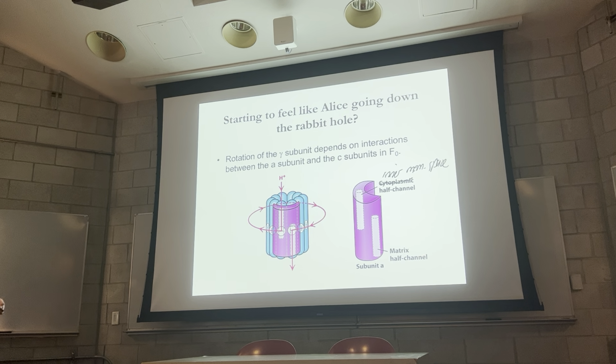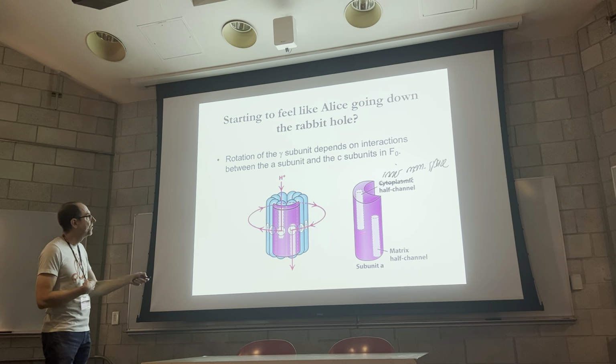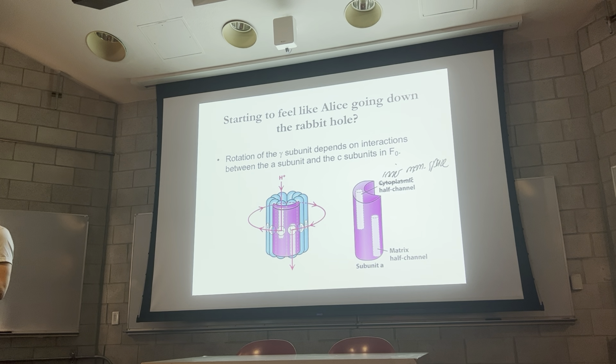Protonation of that residue is energetically favorable here, but unfavorable here, which is why the proton will dissociate. Because it's energetically favorable for the proton to dissociate from the C ring, the C ring turns, right? Because every time it turns, effectively, a proton will bind here to an empty C subunit and will dissociate here from an occupied subunit.